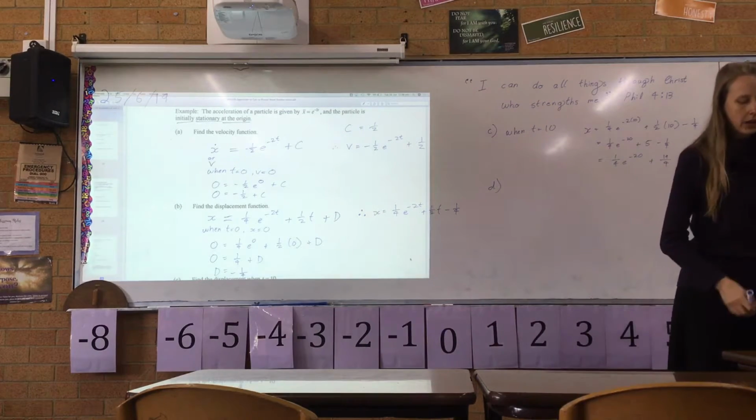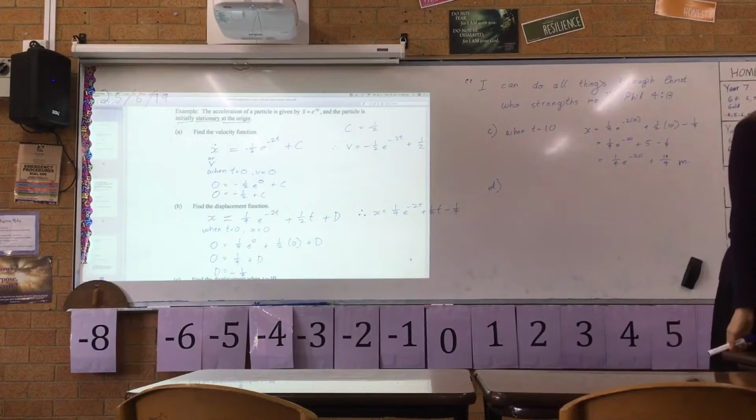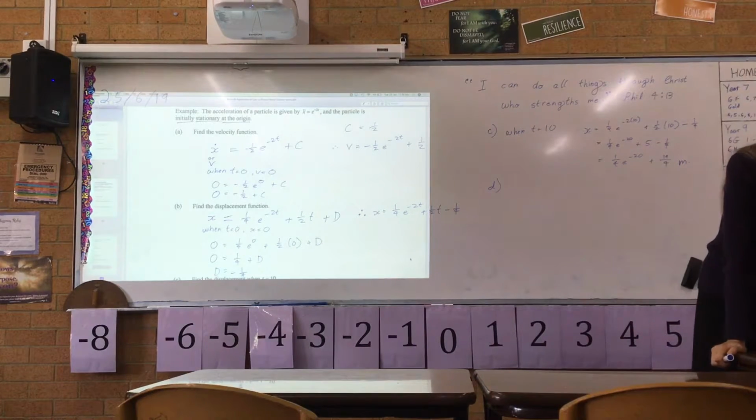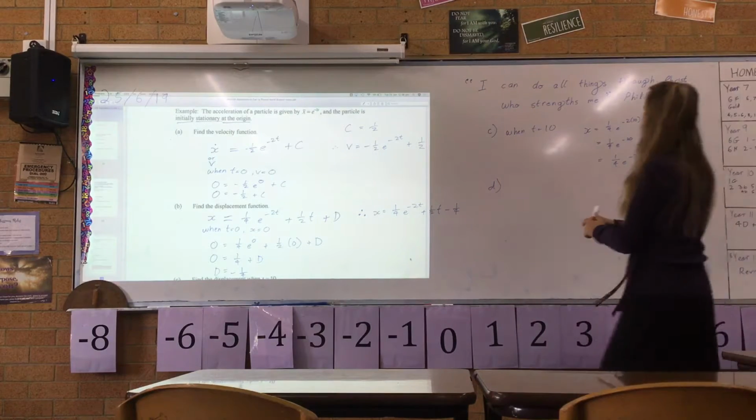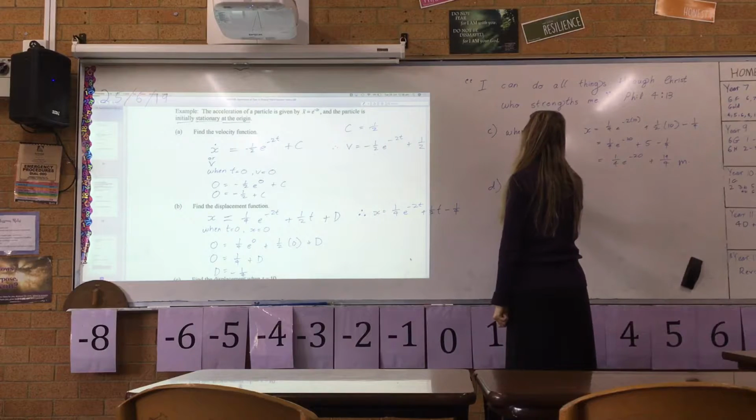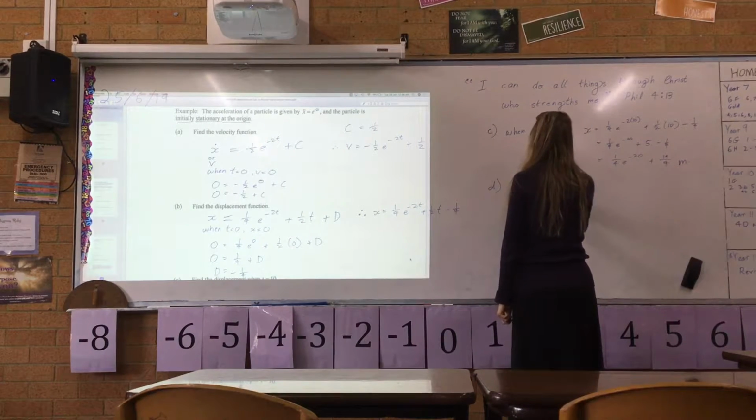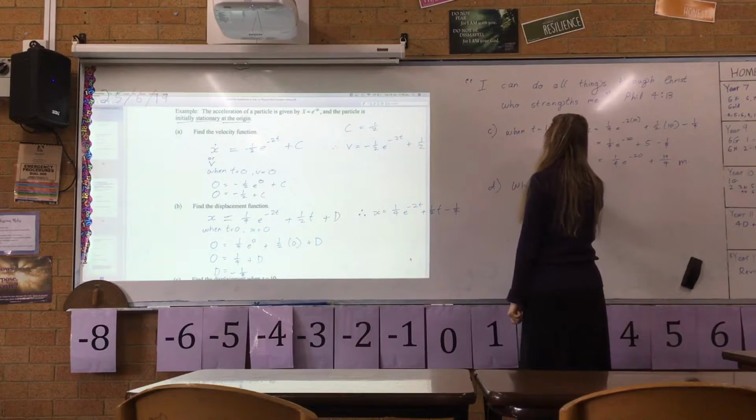So D. Part D says, briefly describe the velocity of the particle as time goes on. Velocity. So we've got to go back to the velocity function and describe what happens. So let's consider endpoints. When t equals 0, what's velocity?